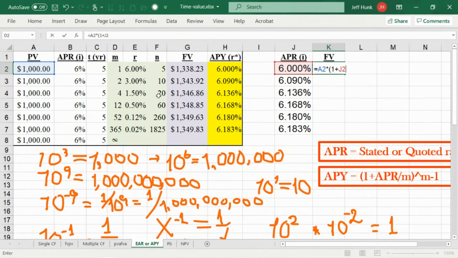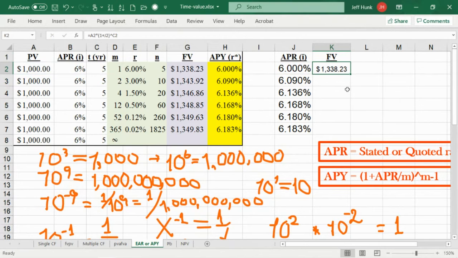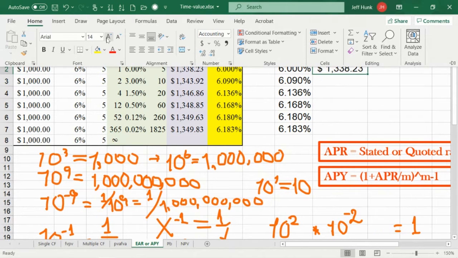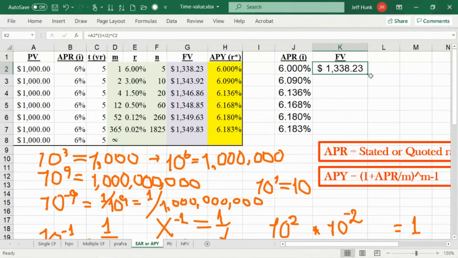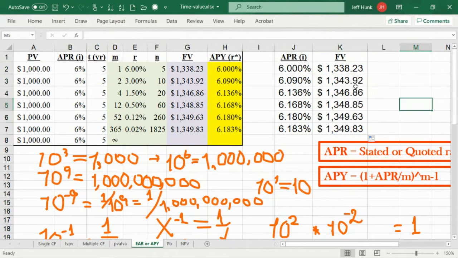I don't need to do that because we are just compounding once. You drag it down and see what happened here. Yes, it's the same future value.